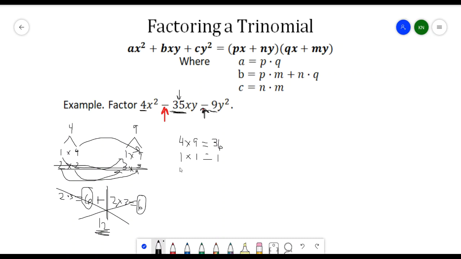So, if we put that into this form, we have our x and our y, and our x and our y.